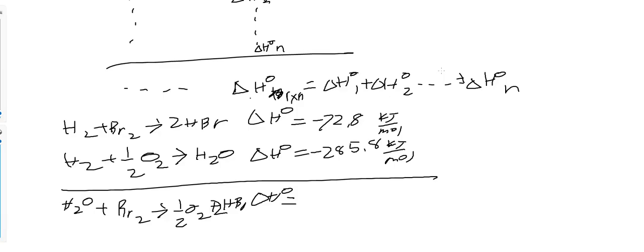Now, I'm going to calculate this. Since we did not do any fancy division or multiplication, we can just straight up use the delta H values. Since I flipped the second equation, I flipped the sign. 285.8 minus 72.8, and we get 213 kilojoules per mole.